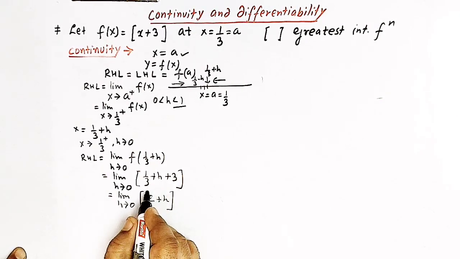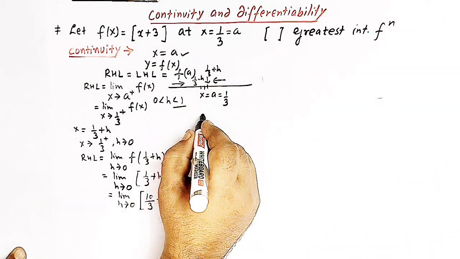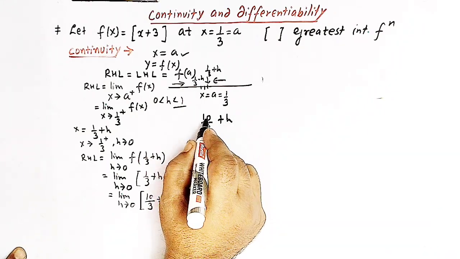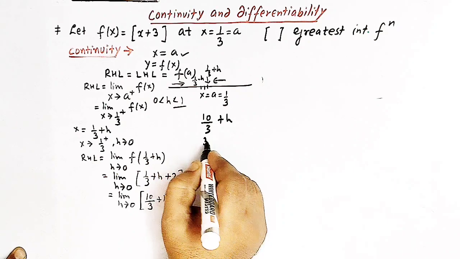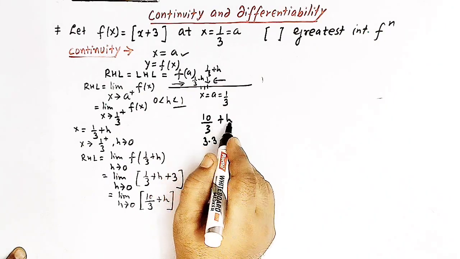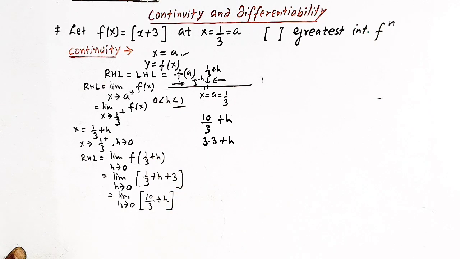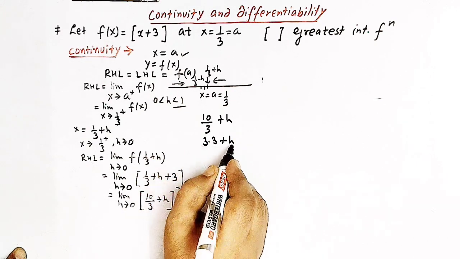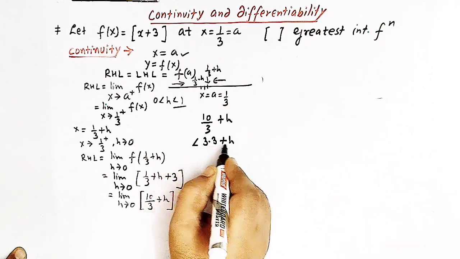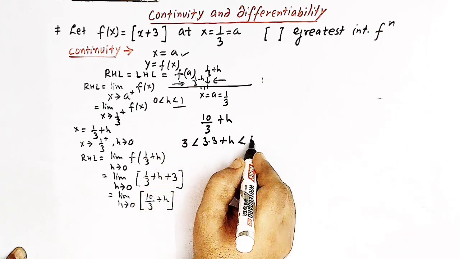Now let us see the term inside the greatest integer function symbol. We have 10 over 3 plus h. When we divide 10 by 3, we get approximately 3.3, and then we add h to 3.3. Now h is a very small quantity, so 3.3 plus h is greater than 3 but less than 4.